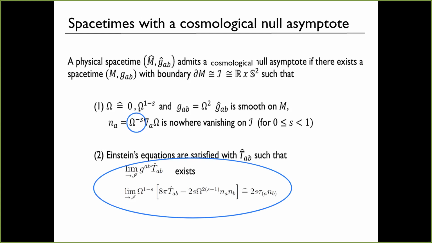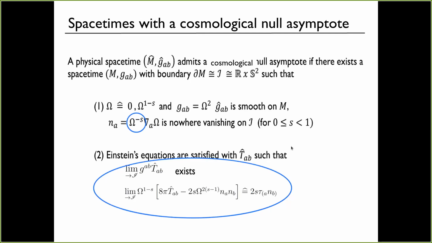Related to that, we don't demand that omega is smooth, but that omega to the power 1 minus s is smooth. And then Einstein's equations need to be satisfied, such that the trace exists for the stress energy tensor, which is the same as I said on the last slide: there is this badly diverging part and this subleading diverging part to the T hat AB.